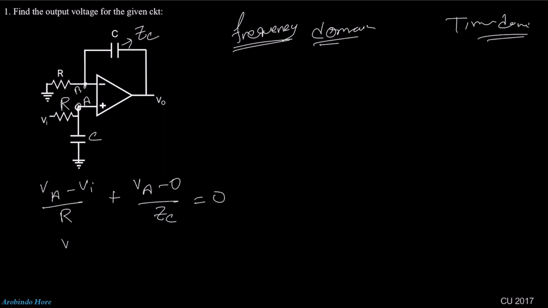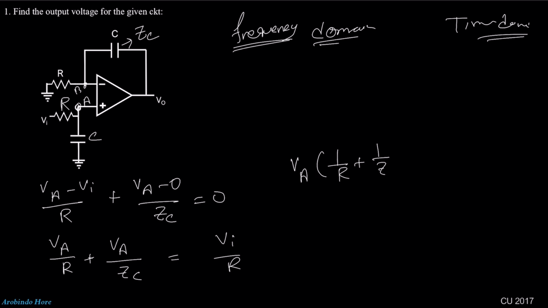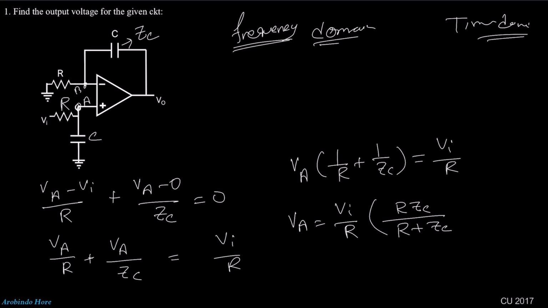From here we can write down VA by R plus VA by ZC equal to VI by R. VA into (1 by R plus 1 by ZC) equal to VI by R. That means VA equal to VI by R into ZC divided by (R plus ZC). That means VA equal to VI multiplied by ZC divided by (R plus ZC).